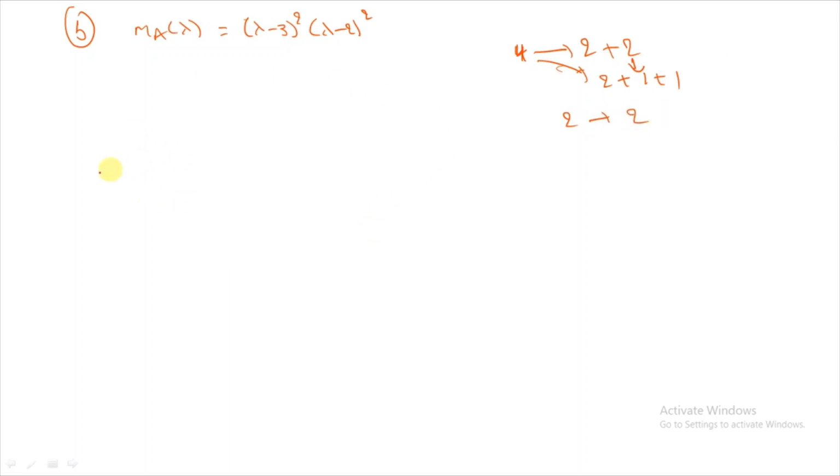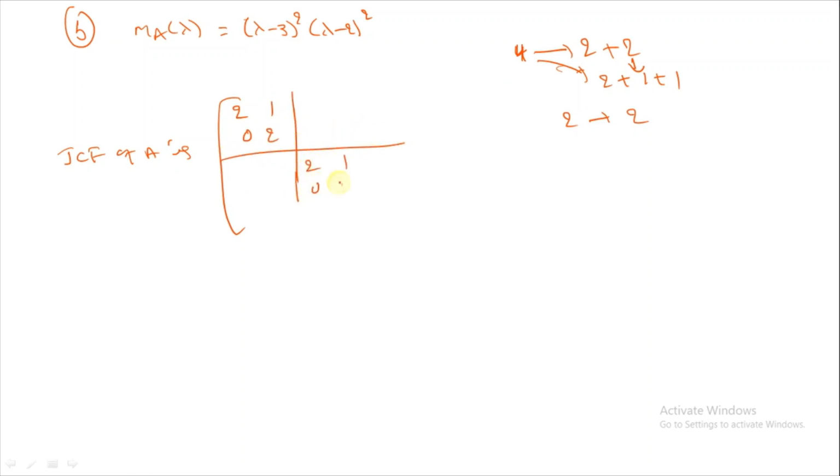That means we get different types of Jordan canonical form. The first one is 2 plus 2, which gives the block 2, 1, 0, 2, and again another block 2, 1, 0, 2.